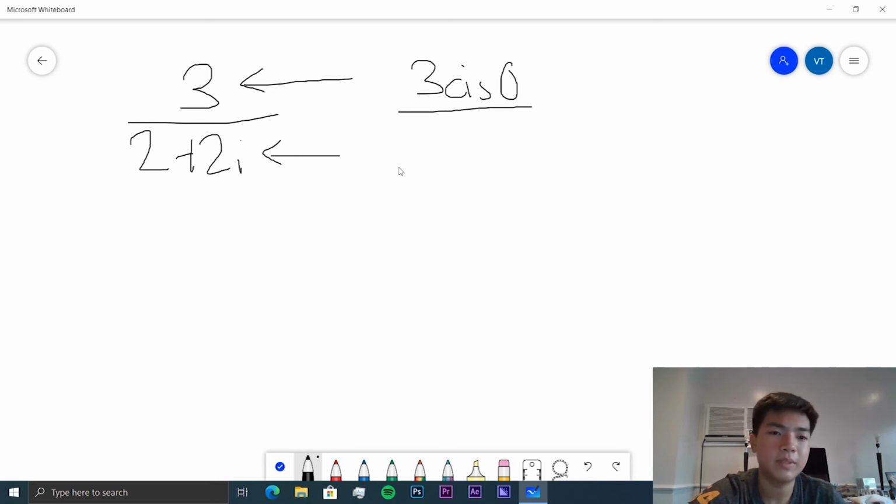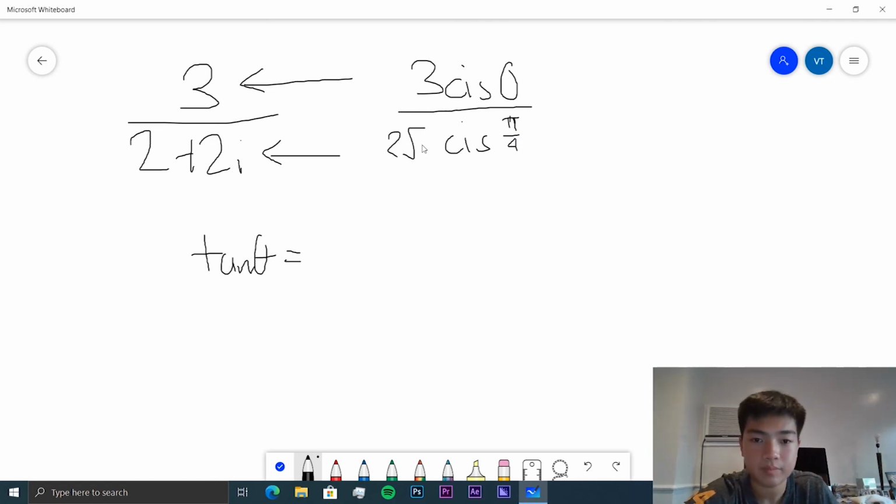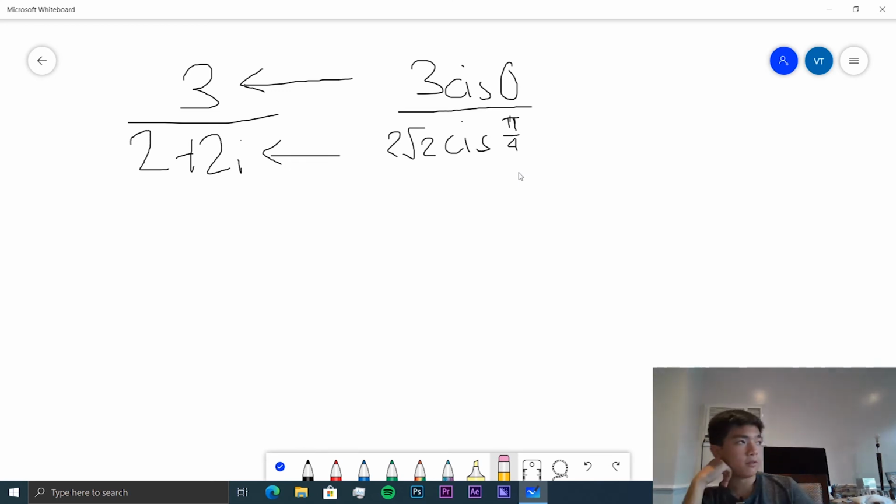And then 2 plus 2i, well, we have tan theta, so theta must be pi over 4, so it's going to be, I think it's 2 root 2 cis pi over 4, since cosine pi over 4 is equal to square root 2 over 2.